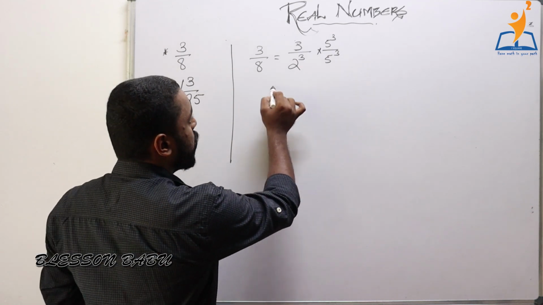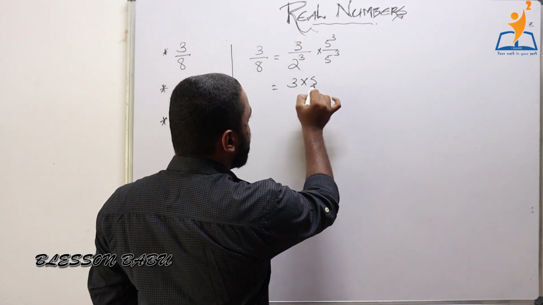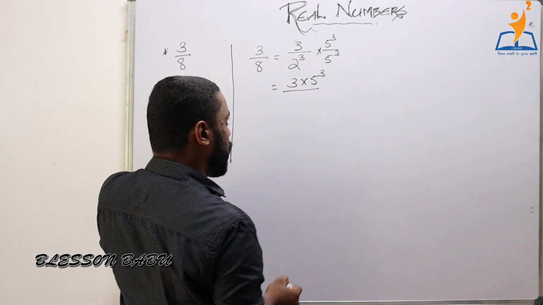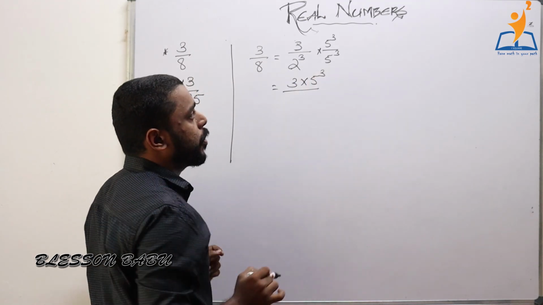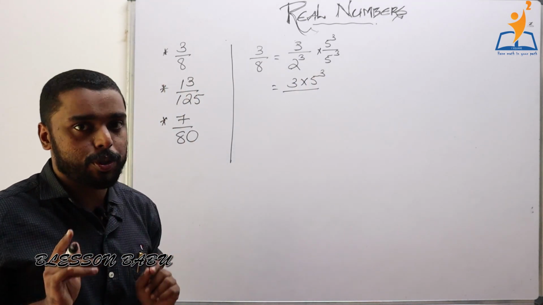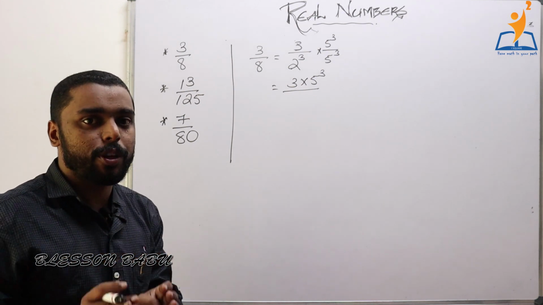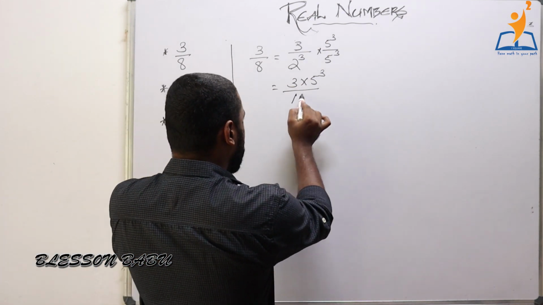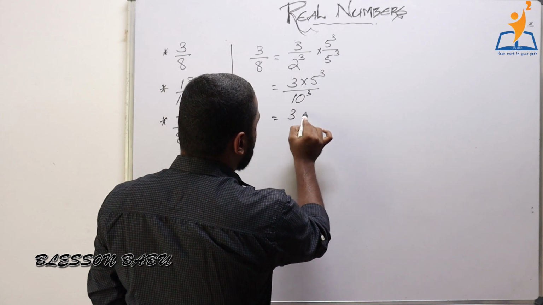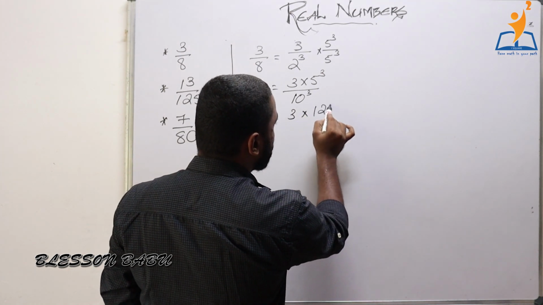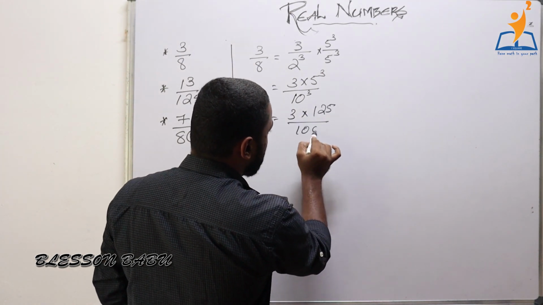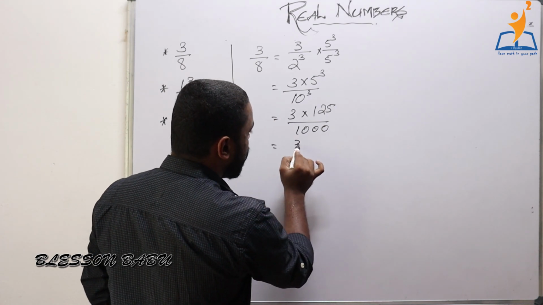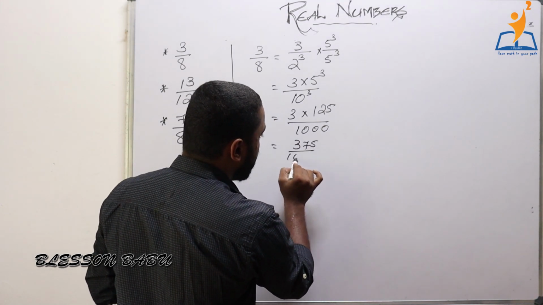Then this number will be 3 into 5 cube divided by 2 cube into 5 cube, which is equal to 10 cube, since 2 into 5 equals 10. So 2 cube into 5 cube will be equal to 10 cube. It is equal to 3 into 5 cube, which is 125, divided by 1000. It is equal to 375 divided by 1000.